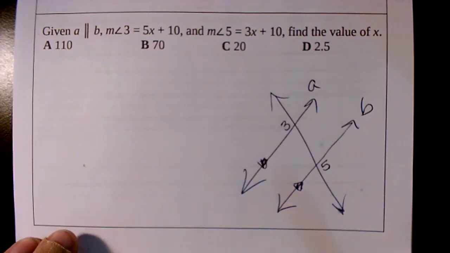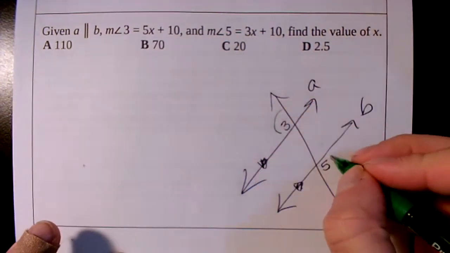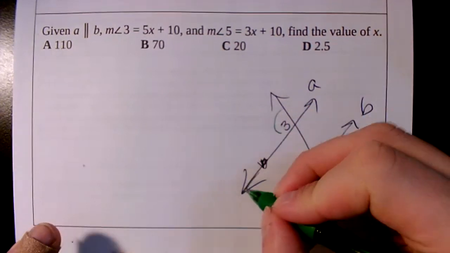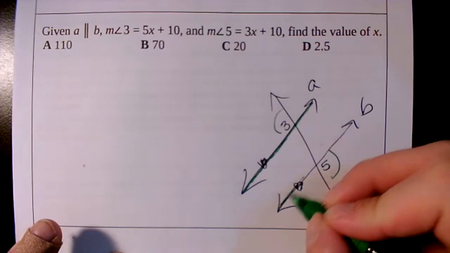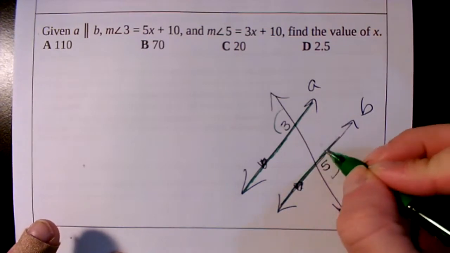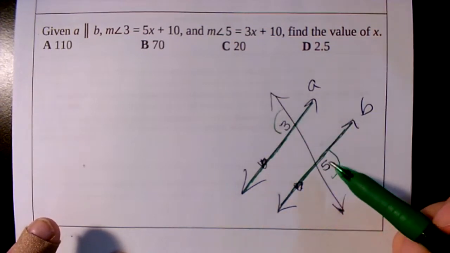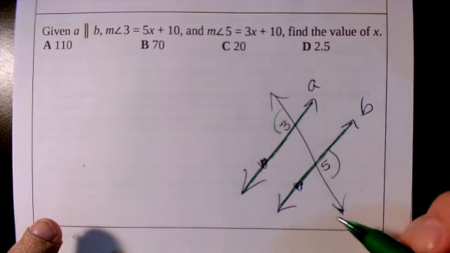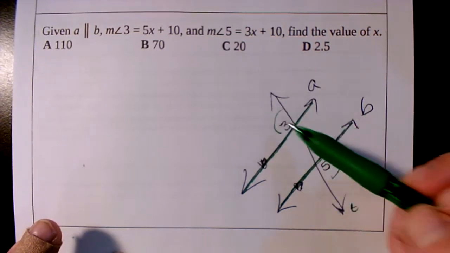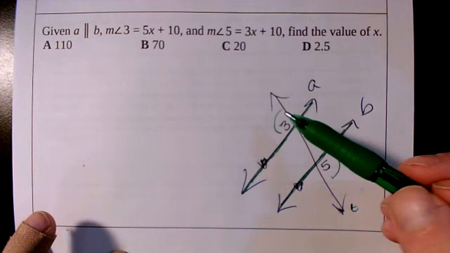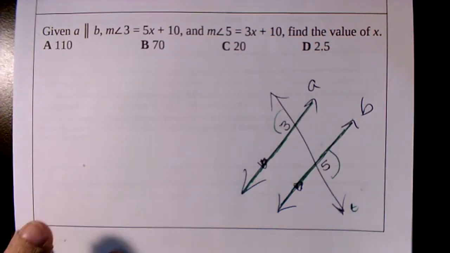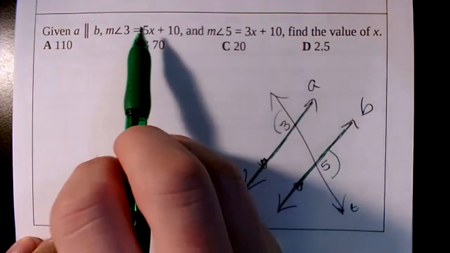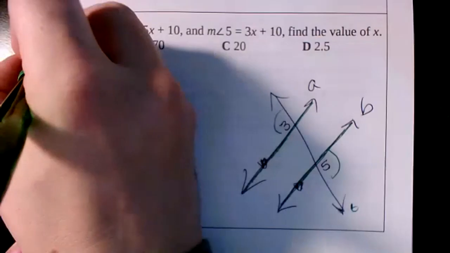What I have with 3 and 5 is they are on the outside of my parallel lines, so they're exterior. And since they're on opposite sides of the transversal, which I'll call T for funsies, they're alternate exterior angles. So alternate exterior angles are equal to each other. So we'll set these two equal to each other.